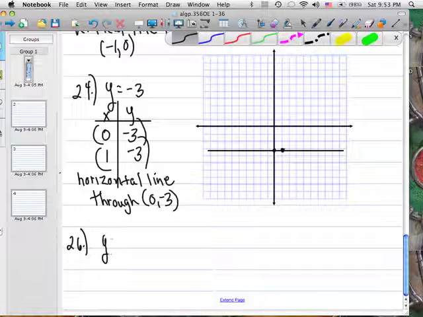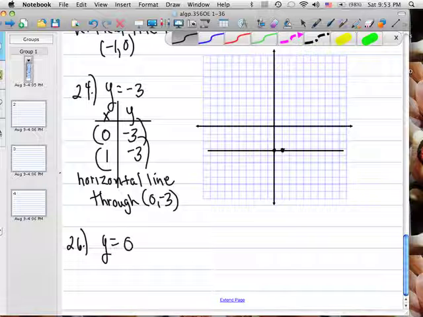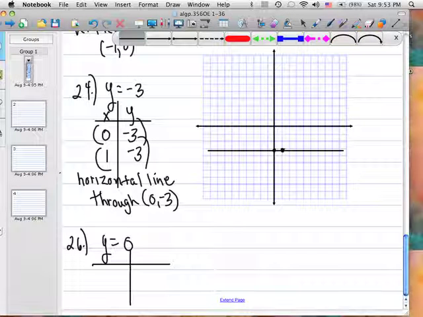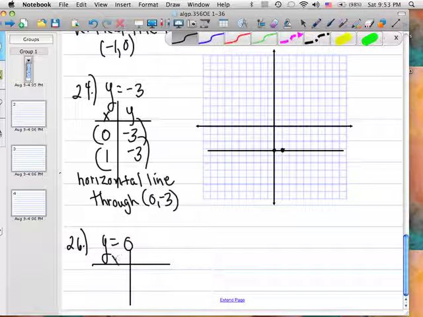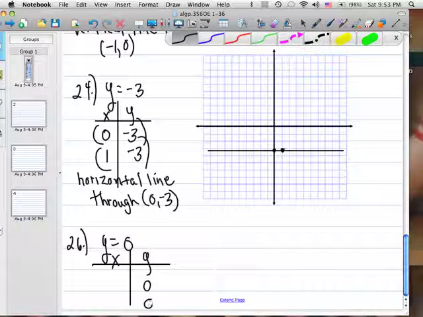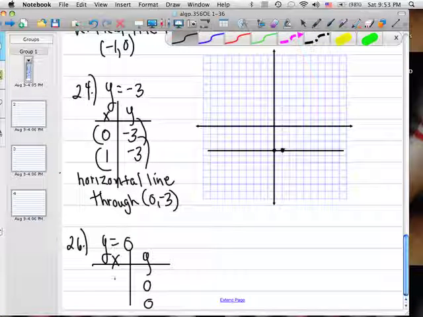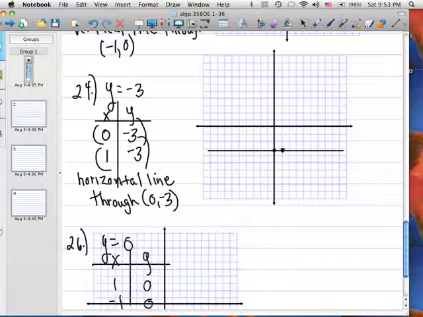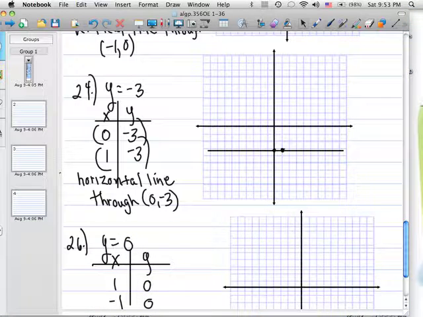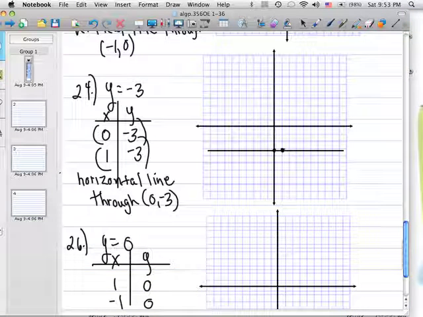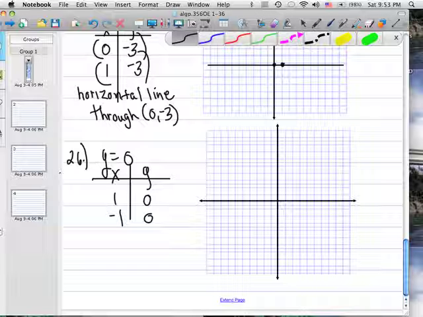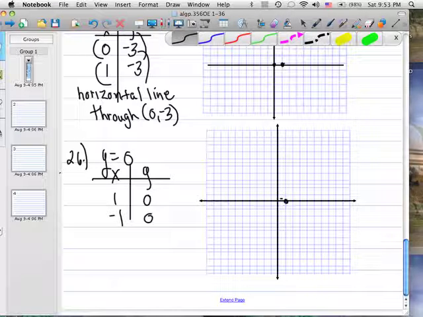Number 26, y equals 0. 2 points to draw that line. Y always has to be 0, so I put 2 zeros down, and x can be 1, and x could be -1. So drawing that line, x is 1, y is 0.